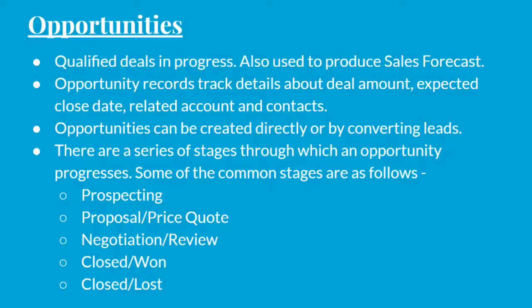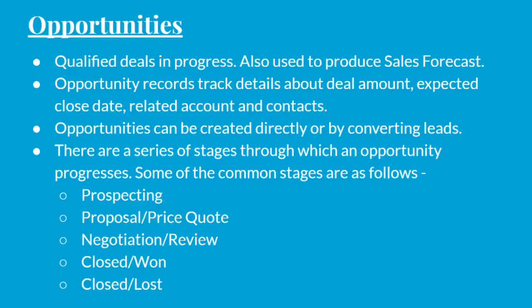And also, if you want to use the opportunity for forecast functionality, you have to attach a forecast category as well. So these are a few things which you have to keep in mind when you're defining an opportunity, and when you're defining different stages for the opportunity.